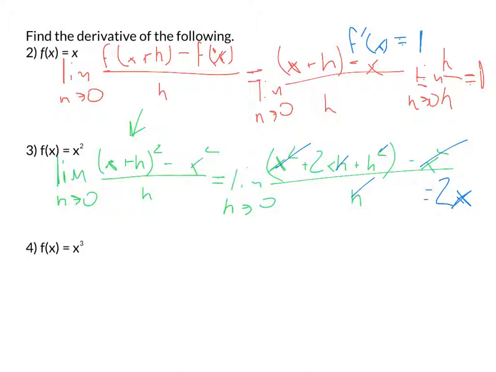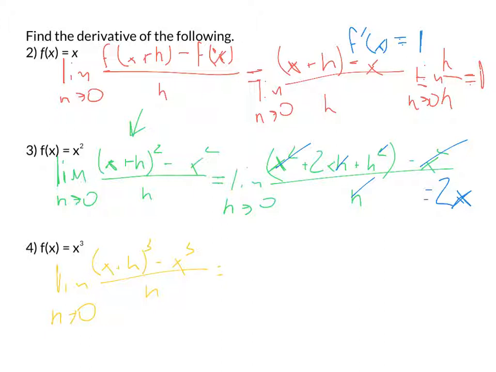How about x cubed? I'll do the limit operation again. As h approaches 0, x plus h being plugged in for x results in x plus h cubed minus x cubed all over h.